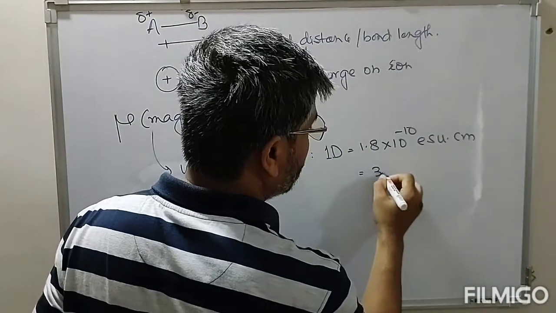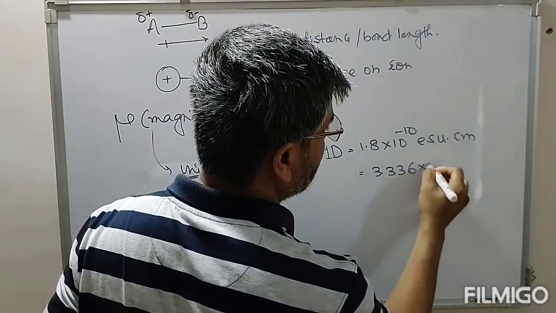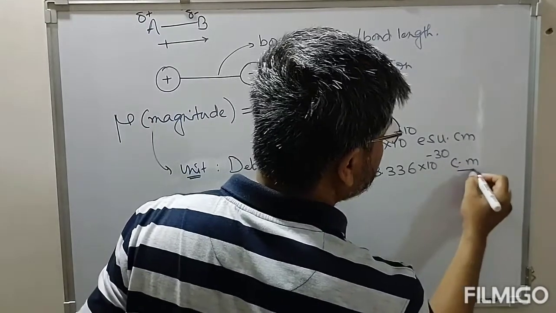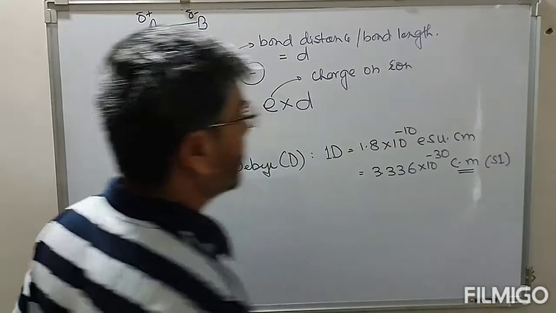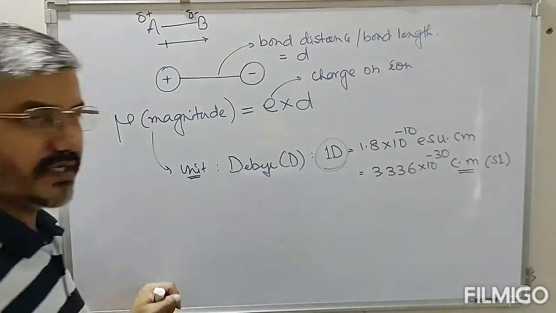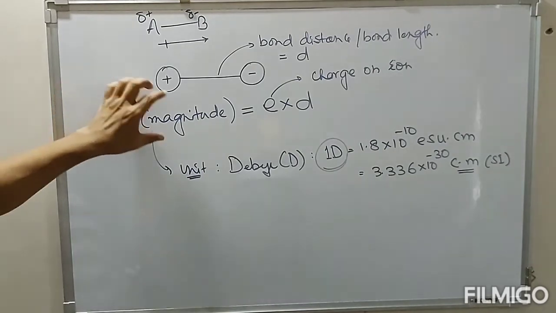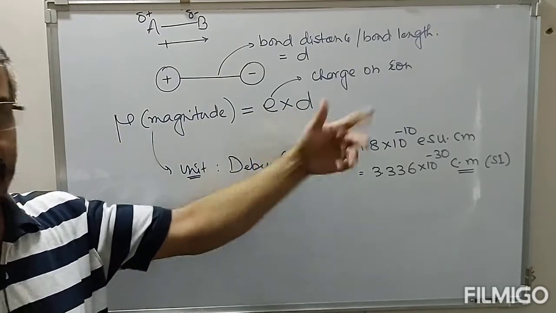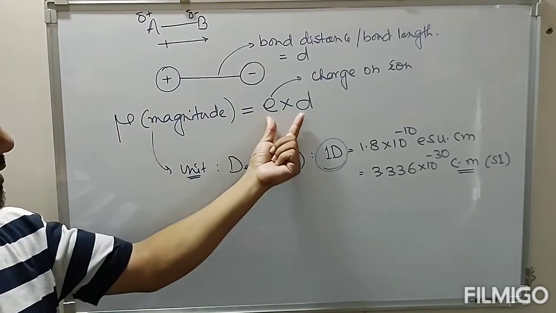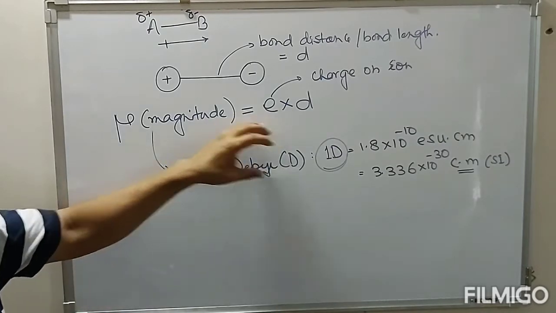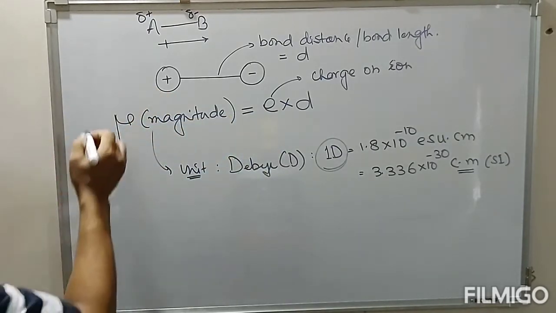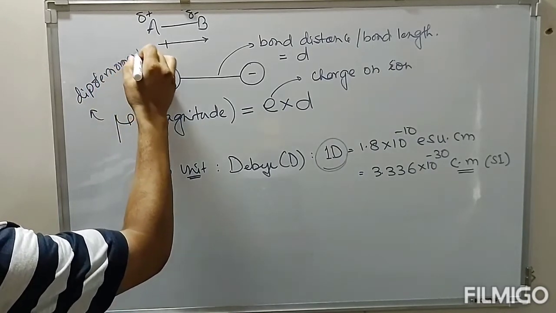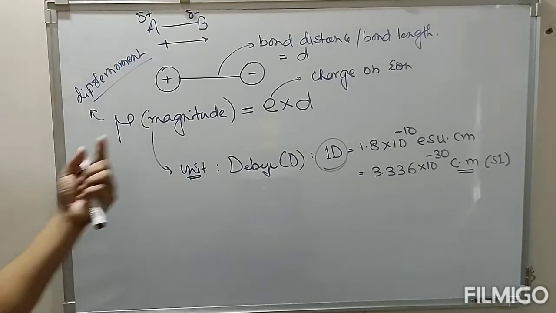This is equal to 3.336 into 10 to the power minus 30 coulomb meter. This is the standard unit. Otherwise, in most cases, this is written as the debye unit. So debye is nothing but the magnitude of this electric dipole, that is, the product of the distance between the charges and the charge carried by the dipole. This is defined as the dipole moment.